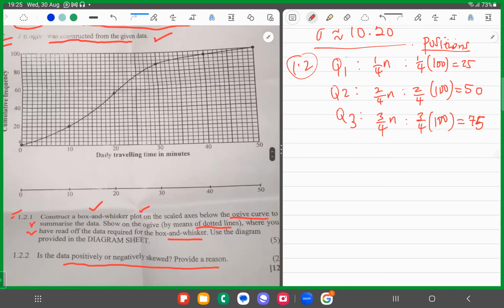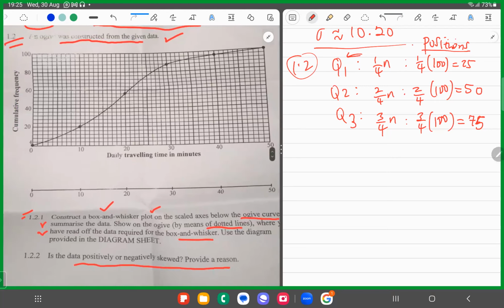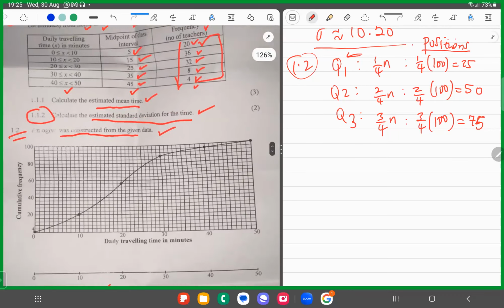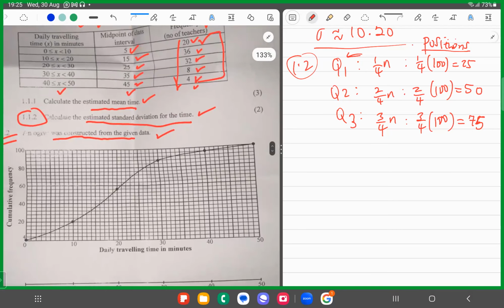What is the position of Q1? Right, the position of Q1 is at 25 for the frequency. So in other words, you're going to take 25 for the frequency. So where is 25 for the frequency? Right. So you realize a couple of things as a matter of fact.